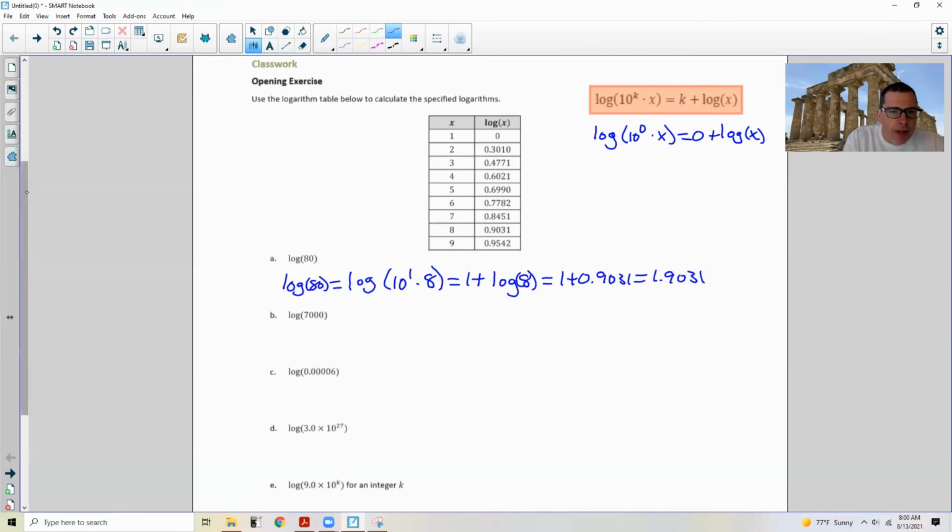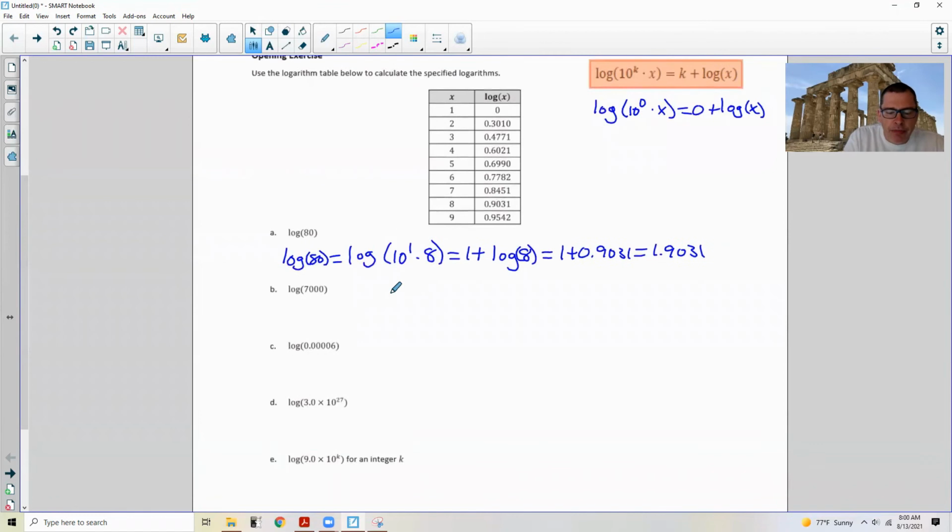Now, once you get the hang of this, it's actually quite quick. So now I would just need to do the log of 7,000. I have 3 zeros, so that's a power of 3. But I'm going to show all my work just for practice purposes. The log of 7,000 will equal the log of 10 to the third power, which is 1,000, times 7.